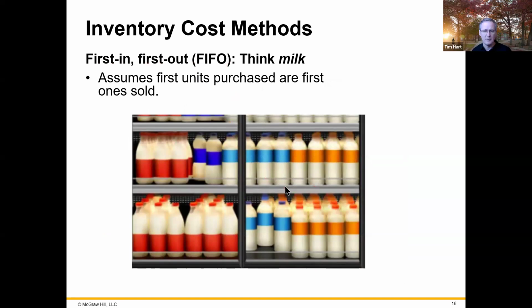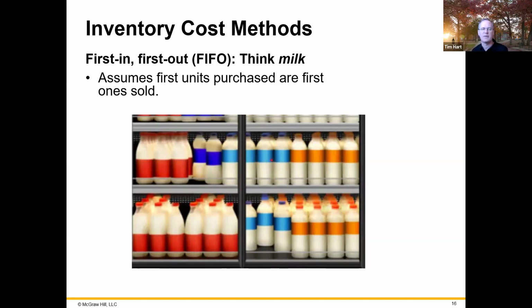So this is a milk refrigerator case where they load it from the back, right? And they keep pushing the oldest milk up to the front. So the first milk in is pushed up to the front, is the first milk sold, so you're actually buying the oldest milk available for the store.